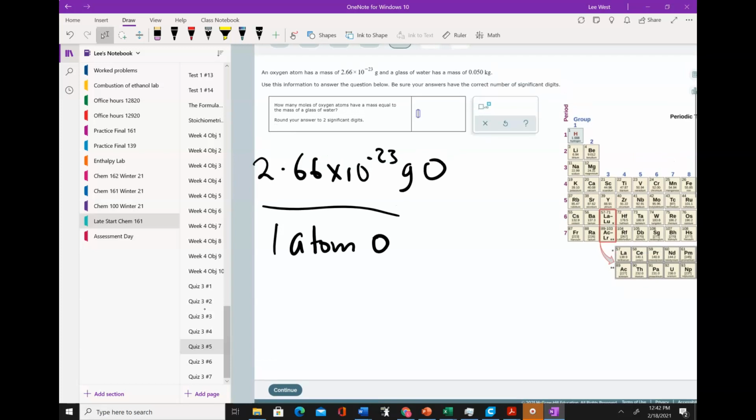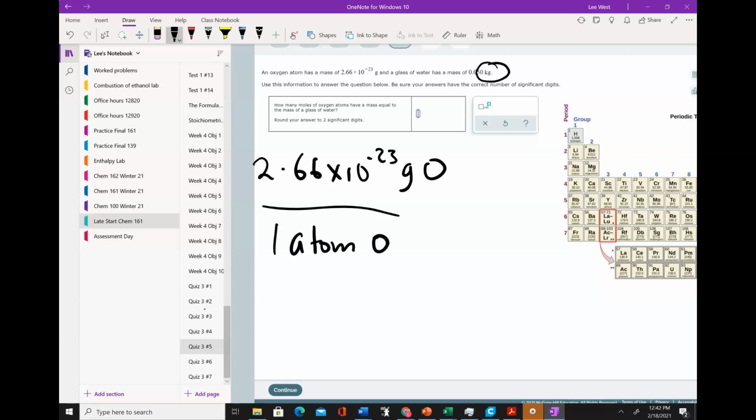Okay, so let's see. And then it says how many moles of oxygen atoms have a mass equal to the mass of a glass of water. Okay, so the first thing I want to do is, I've got 2 mass units going on here.